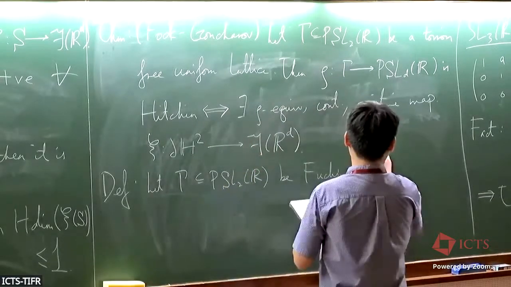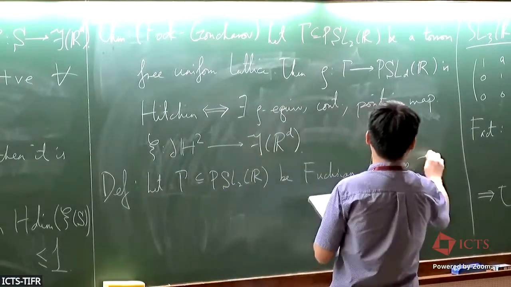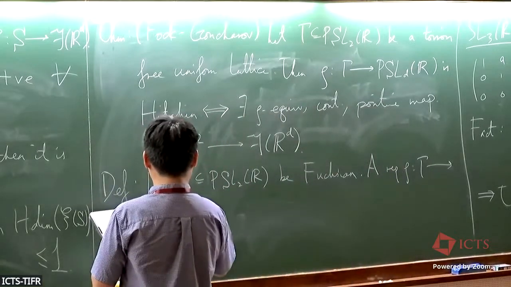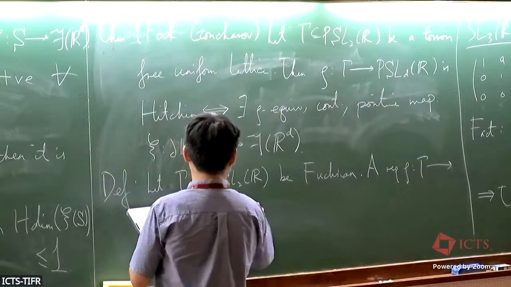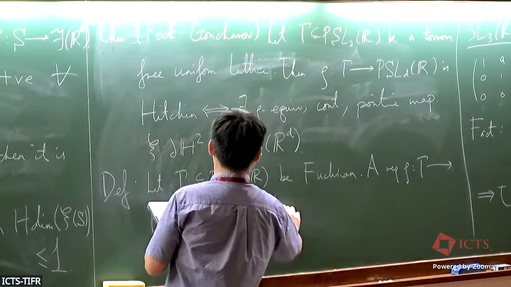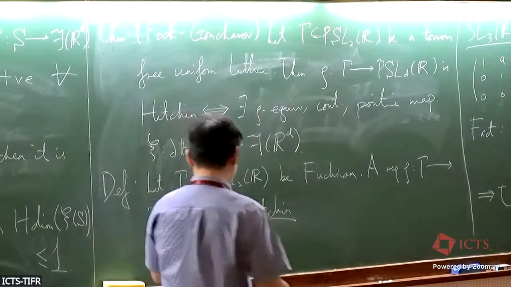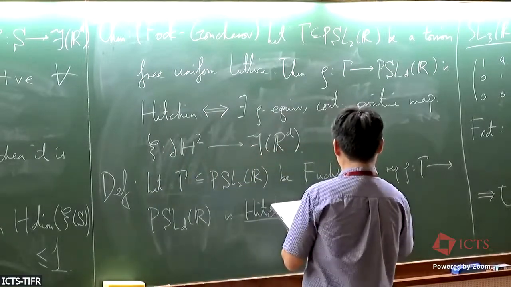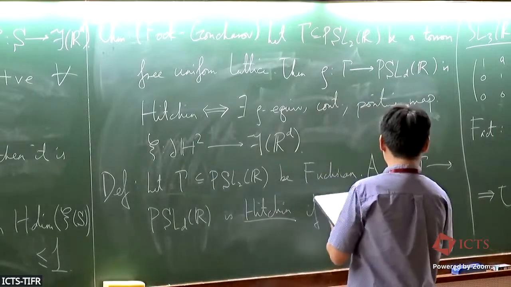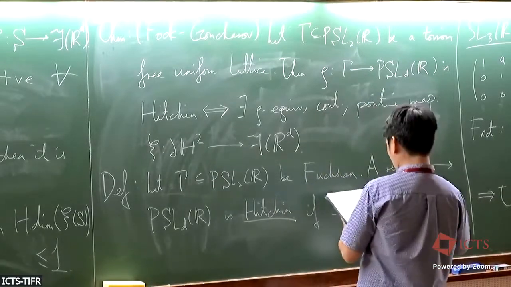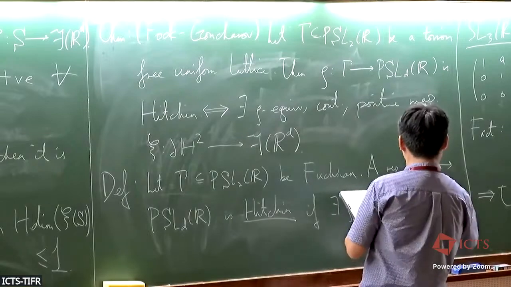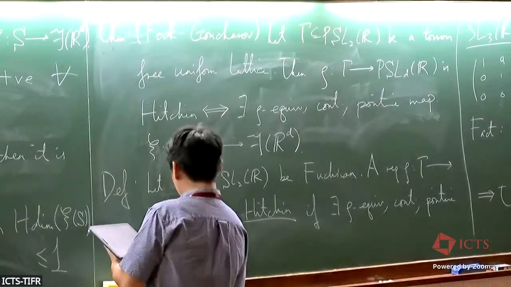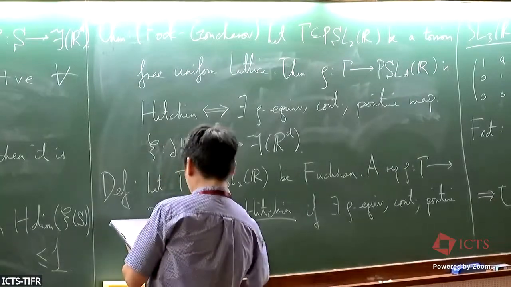A representation rho from gamma to PSL-dR is Hitchin, I call this Hitchin, if there exists a rho-equivariant, continuous, positive map from the limit set of gamma to F_R^d.